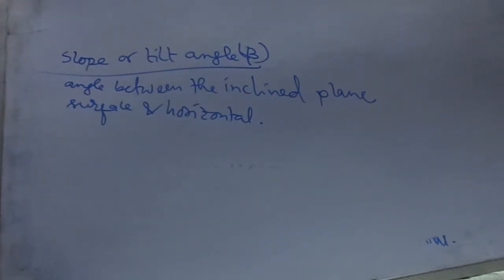Another one is the surface azimuth angle. It is the angle in the horizontal plane between the line due south and the horizontal projection of the normal to the inclined plane surface.